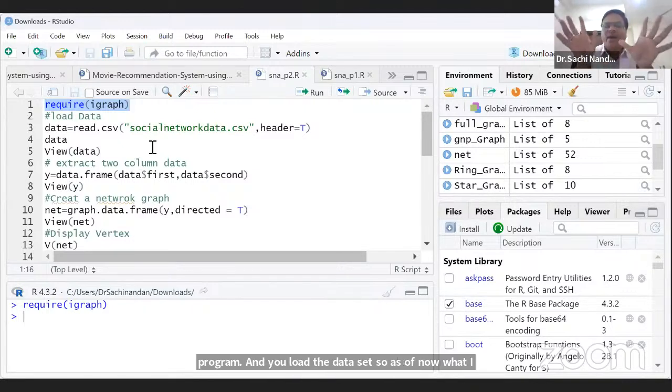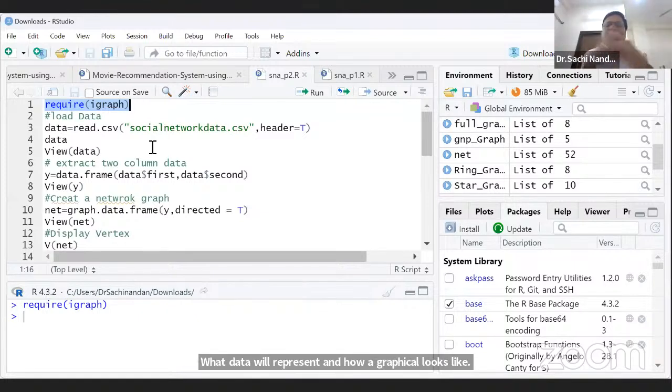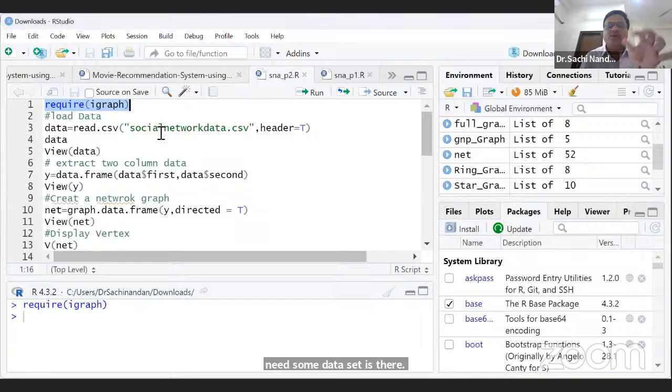I'm just showing you for basic demonstration what data will represent and how a graph looks, like a ring, or a random graph, or a well connected graph. But this is a program I'm going to explain, where some data set is there, and how the data set is useful for data visualization by using R programming.